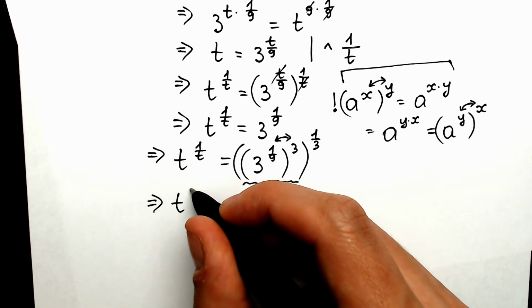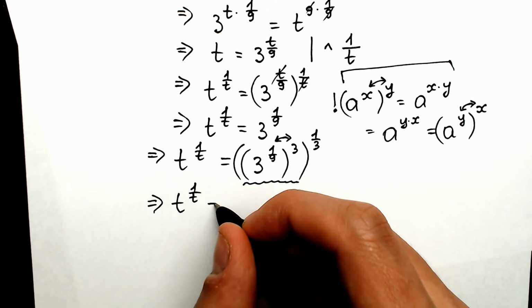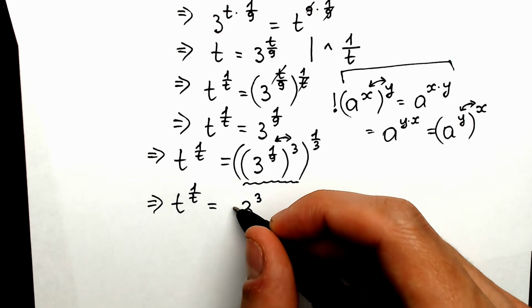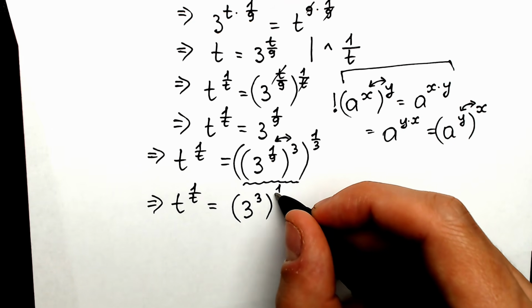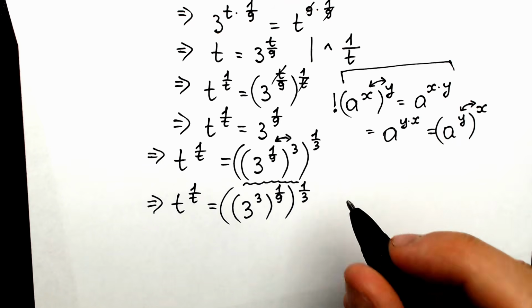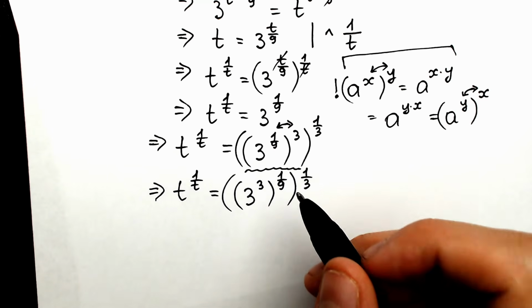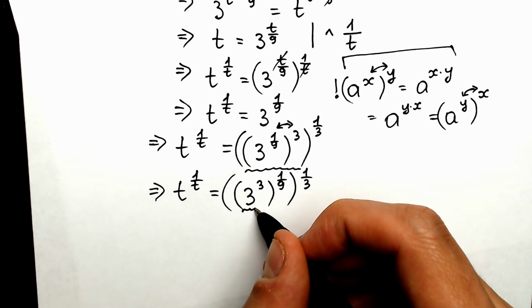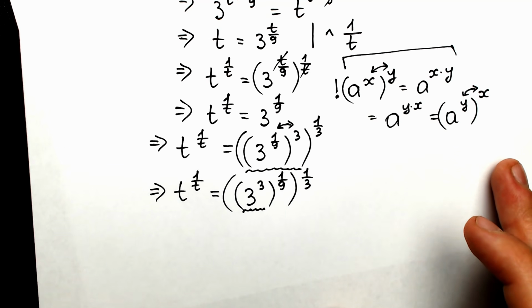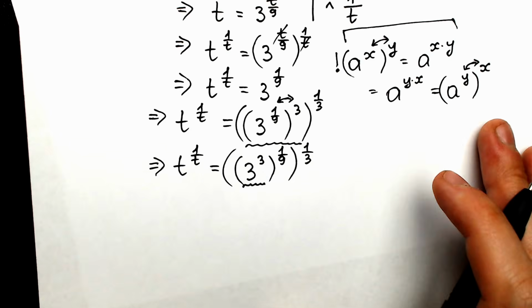So we have t to the power 1 over t equals 3 to the power 3 raised to the power 1 over 9 and raised to the power 1/3. And right now we can easily simplify this 3 cubed real quick. This 3 cubed equals 27. Yeah, so let's do it.